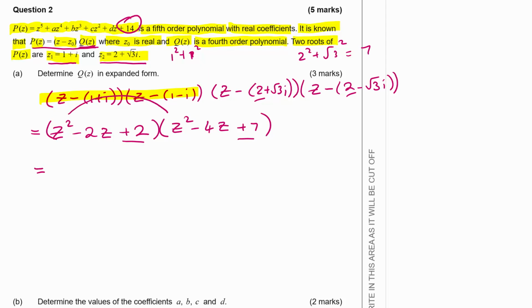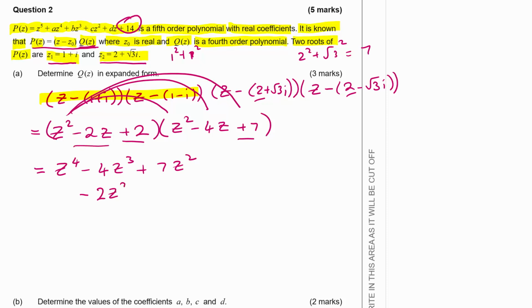So if we do z squared times everything over here, then we're going to get z to the 4, take away 4z cubed, plus 7z squared. And then do the same thing with the negative 2z. That's going to give me take away 2z cubed, plus 8z squared, take away 14z, and then do the same with the plus 2.